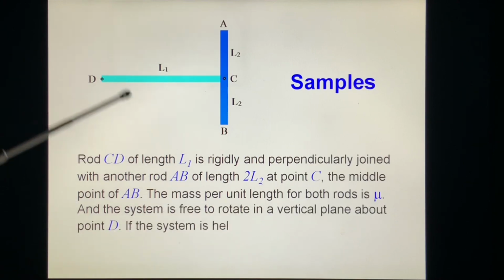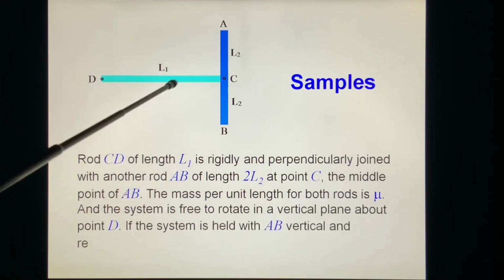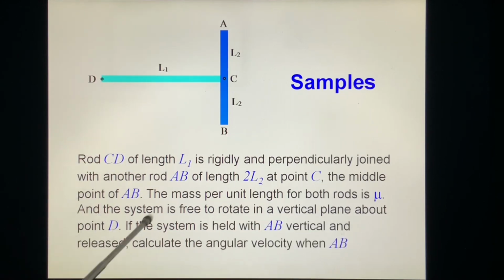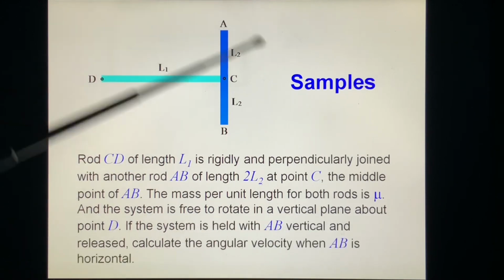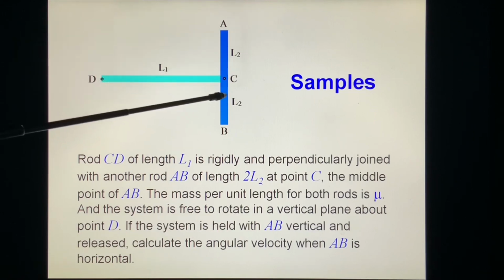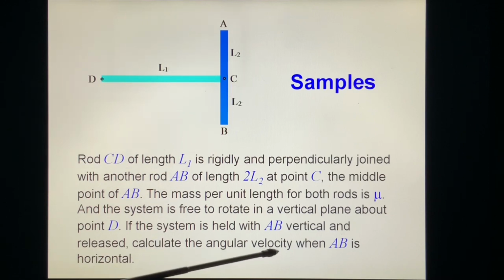The mass per unit length of both rods is mu, and the system is free to rotate in a vertical plane about point D. If the system is held with AB vertical and released, calculate the angular velocity when AB is horizontal.